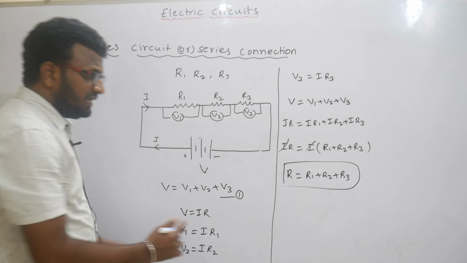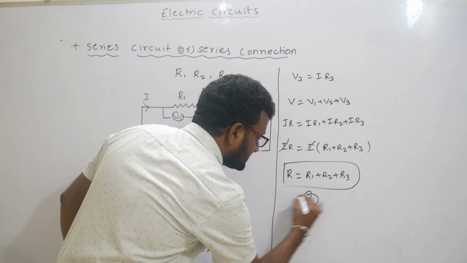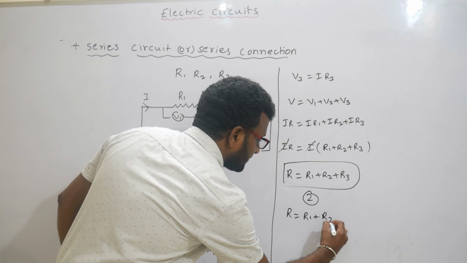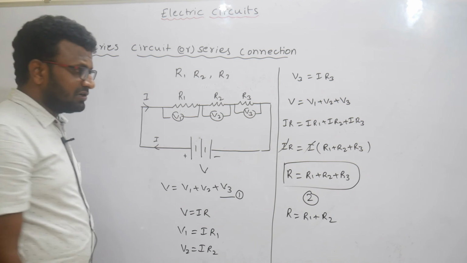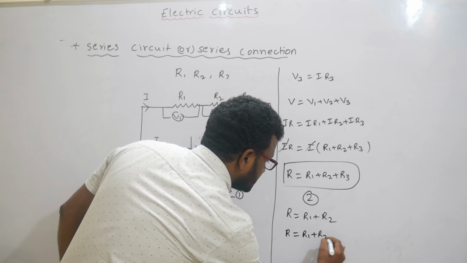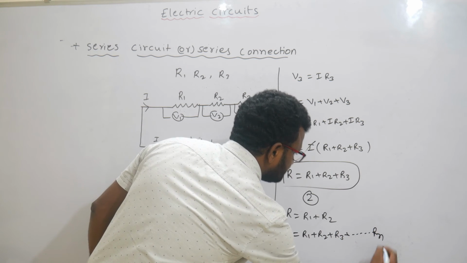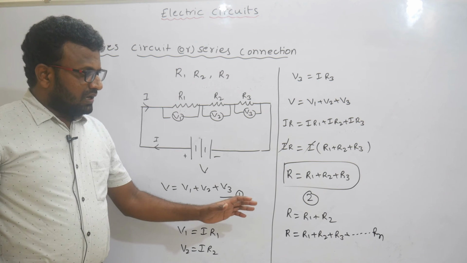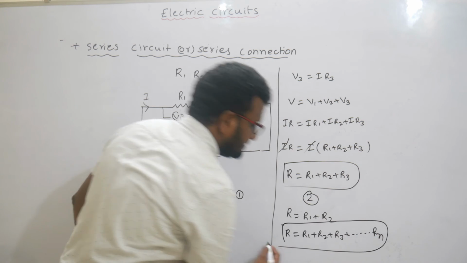If I take two resistors, the equivalent resistance is R1 plus R2. If I take n resistors, R is equal to R1 plus R2 plus R3 and so on up to Rn. This is the equivalent resistance when a number of resistors are connected in series.